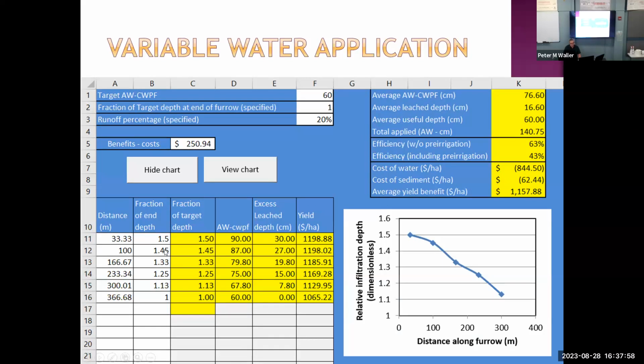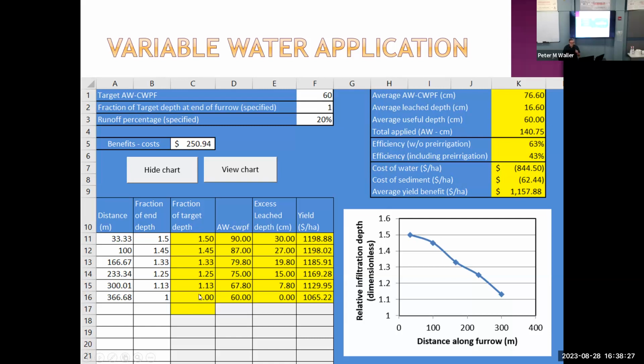And in my spreadsheets throughout the class, we'll have spreadsheets in every chapter just about. The white cells are the cells where you input data. The yellow cells are what's calculated. So I've already set this up for you, but you're going to change these numbers up here. And actually what you're going to do is change the value in F2, where here we're applying the target depth at the end because that's a 1.